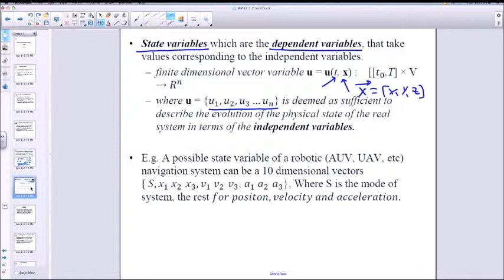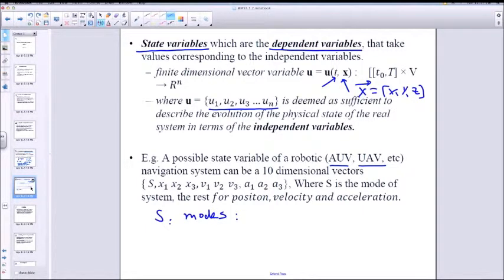You look at the state variable of the AUV or UAV, a robotic vehicle. And typically, you could observe at least a 10 dimensional vector. What is the 10? The first is the mode of the system.